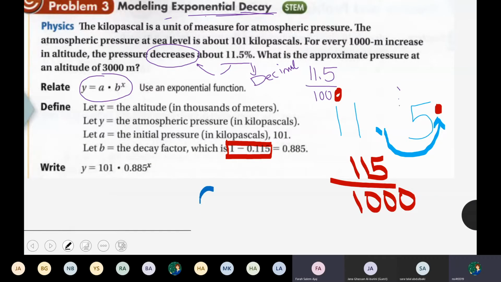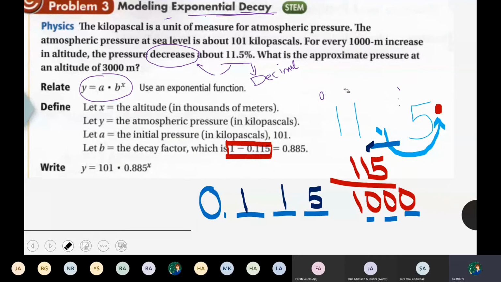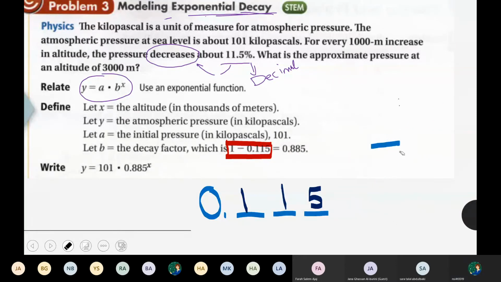Okay, then I want to write it as a decimal. So put a point, then 3 lines. Why 3? Because here we have 3 zeros. Then take the number 115 and start writing from the right, like 5, 1, 1. So the percent rate as a decimal is 0.115.